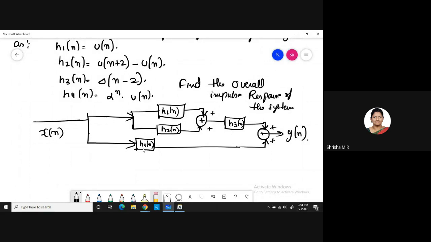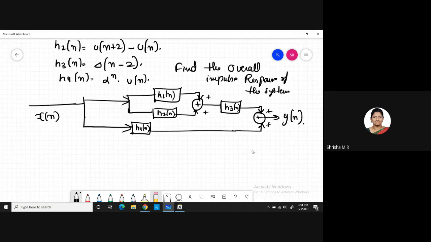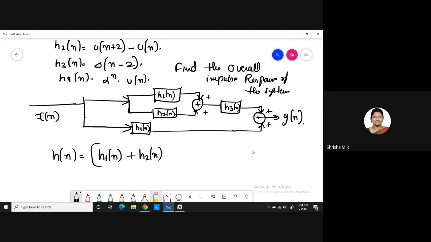Then you have this h4 in parallel, so add it. We'll get an equation. h of n is equal to h1 of n plus h2 of n, that is convolved with h3 of n, plus h4 of n. Got it, everyone?